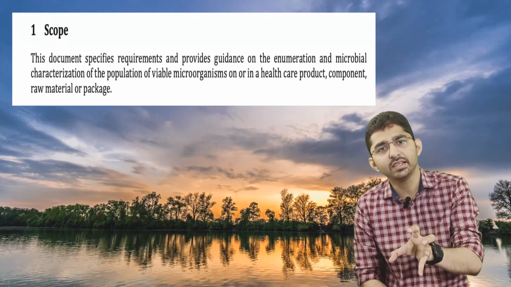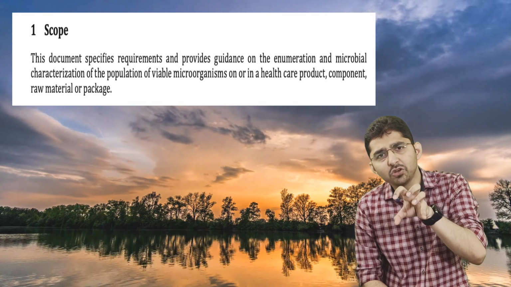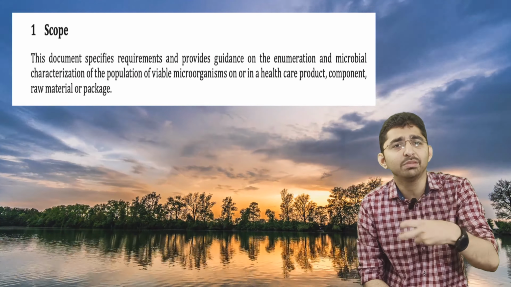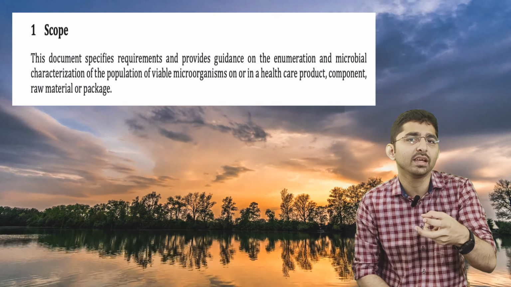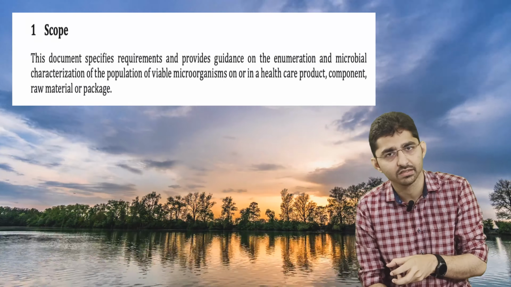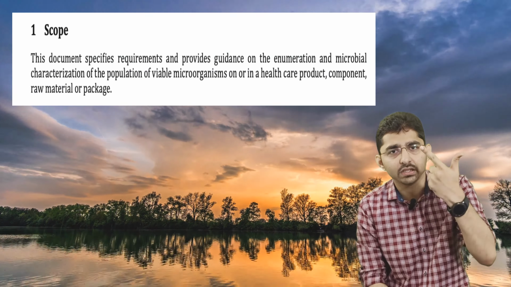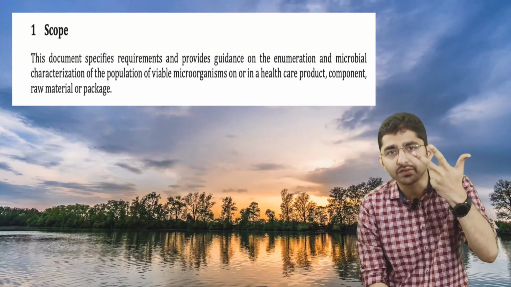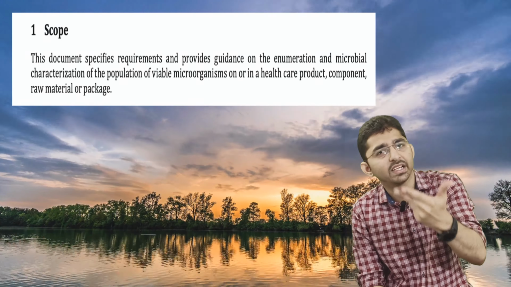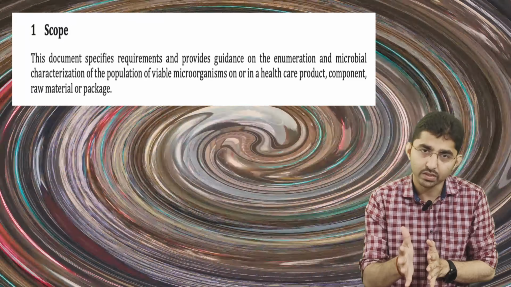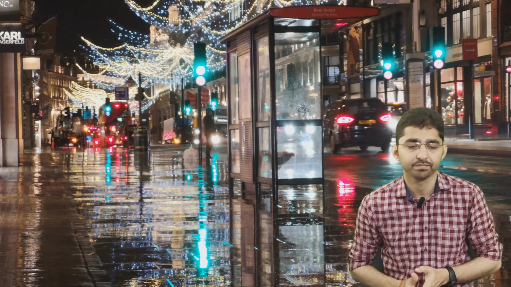So the scope of this standard mainly speaks about the number of microorganisms, I mean the viable microorganisms, which are present on any particular medical device. So either the device, the component, the raw material or the final packaged good. I hope this is clear what clause number 1, scope, speaks about.